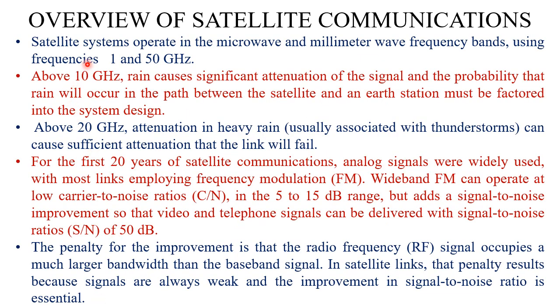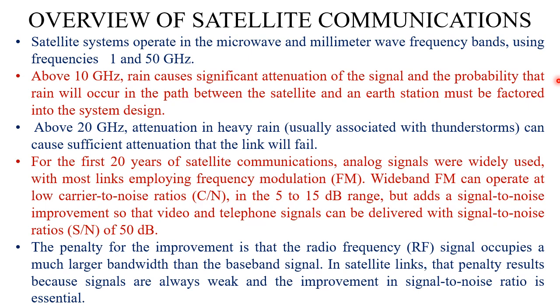Well, satellite systems operate in the microwave and millimeter wave frequency bands using frequencies 1 to 50 gigahertz. Now, above 10 gigahertz, rain causes significant attenuation of the signals, and the probability that rain will occur in the path between the satellite and an earth station must be factored into the system design.